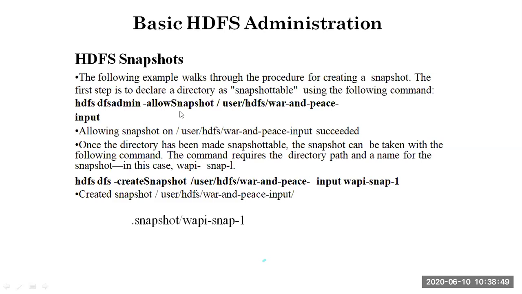This is one command: hdfs dfsadmin -allowSnapshot /user/hdfs/warehouse/input. This is one simple example file which we discussed in module 1. It will give you the snapshot of that particular application running in the system.